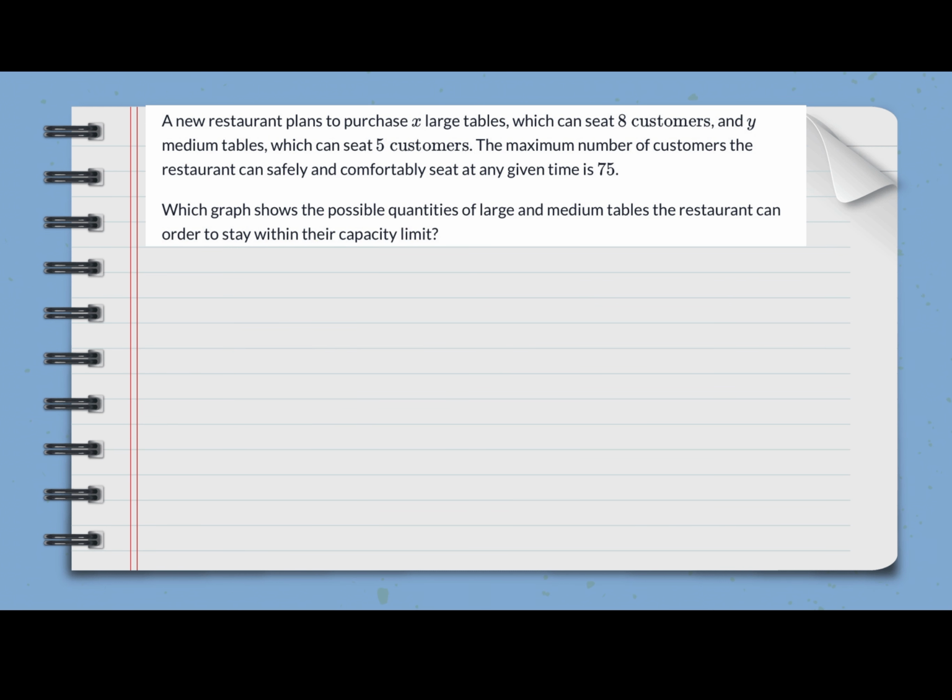Well, just create the inequality. So the maximum number is 75, meaning we can't go higher than 75. So that is the upper limit, which is why we have this less than or equal to sign. So we have 8x plus 5y. And it is better just to solve for y here because of the graph that we'll plug in.